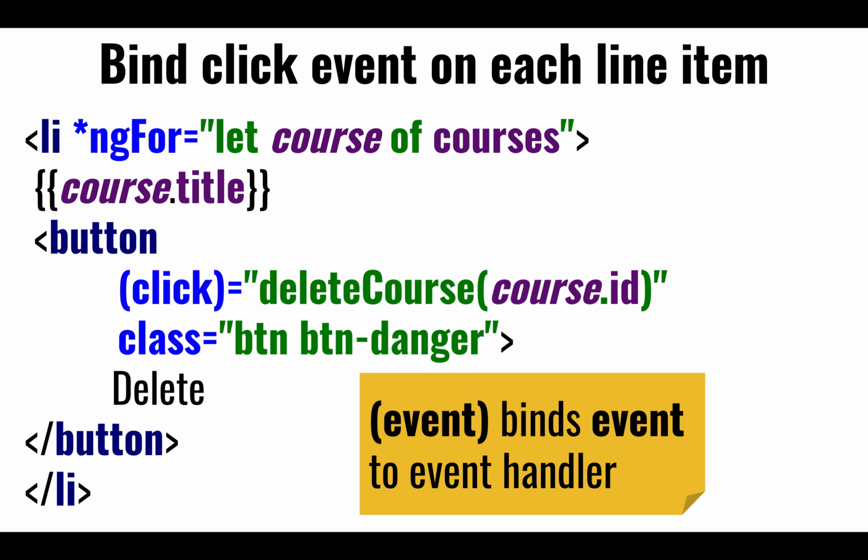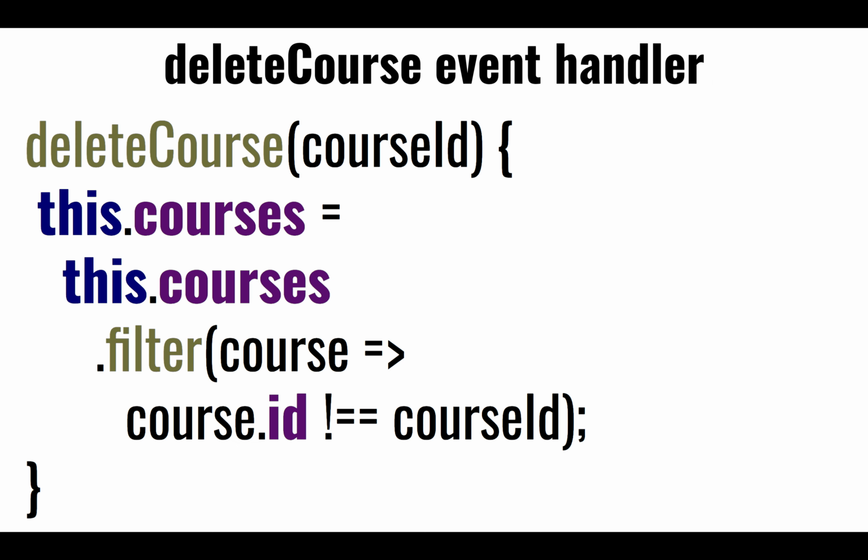So if we click on it, here's the course ID. The deleteCourse receives the course ID, and we can update the courses, which was an array of courses. Whatever you do to that array of courses, if you add a new course, if you delete a course, whatever you manipulate will immediately be rendered on the template.